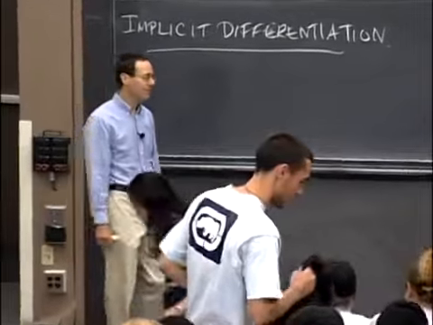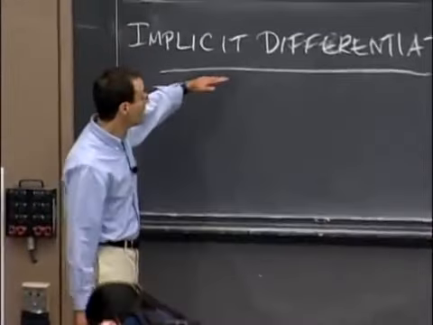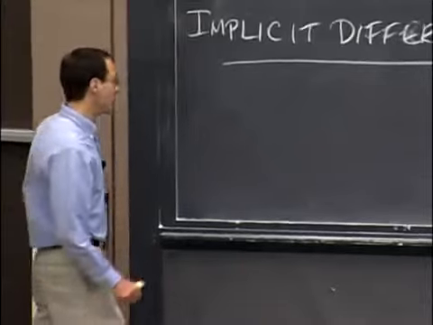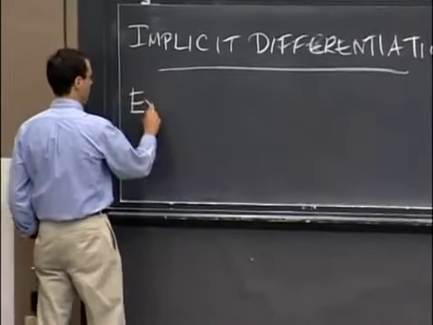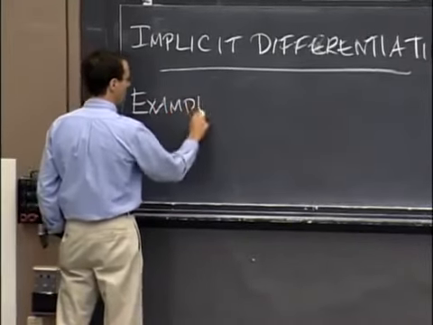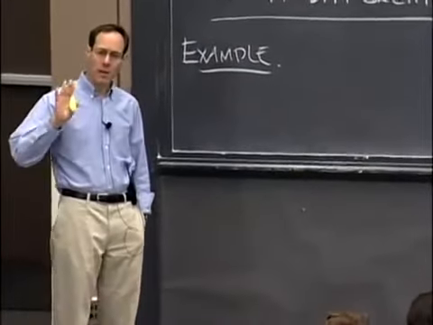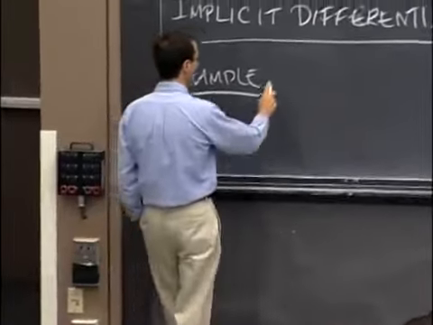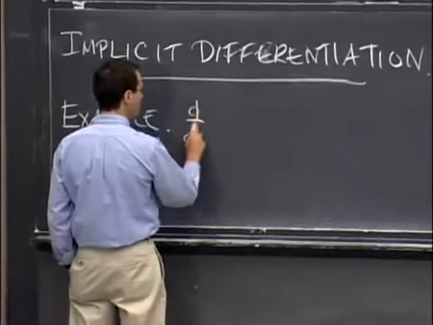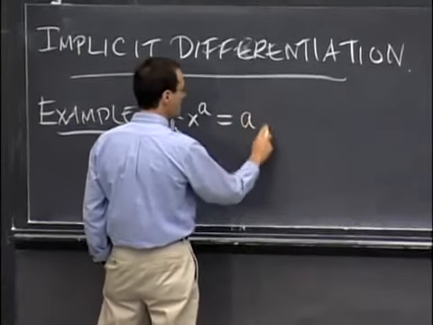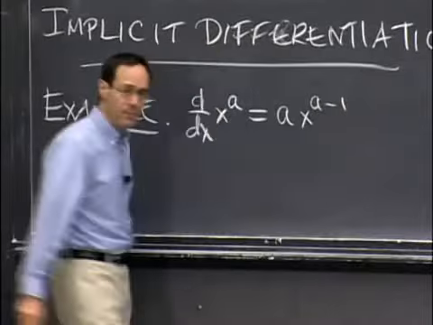All right. So we're talking about implicit differentiation, and I'm going to illustrate it by several examples. So this is one of the most important and basic formulas that we've already learned part way, namely the derivative of x to a power a is a times x to the a minus 1.